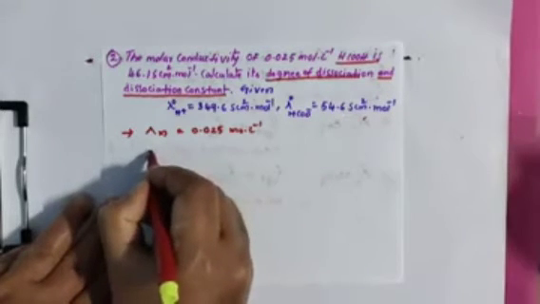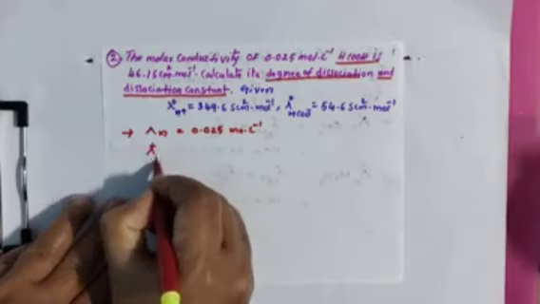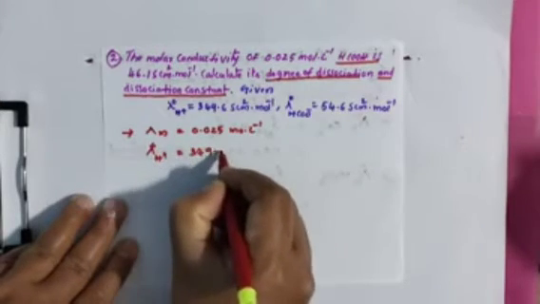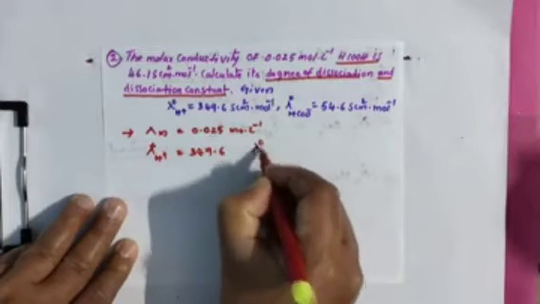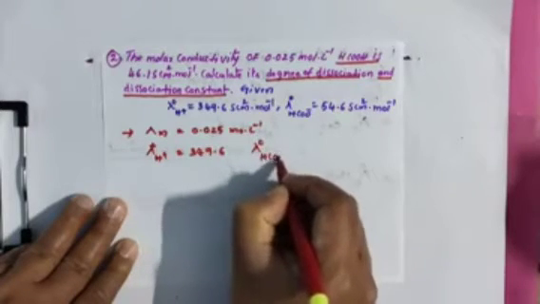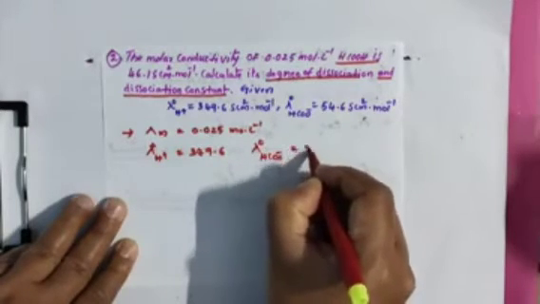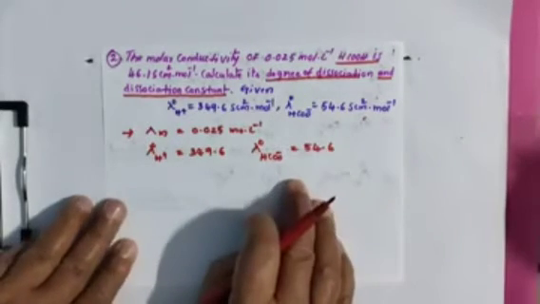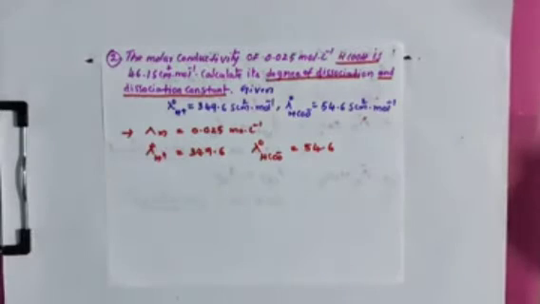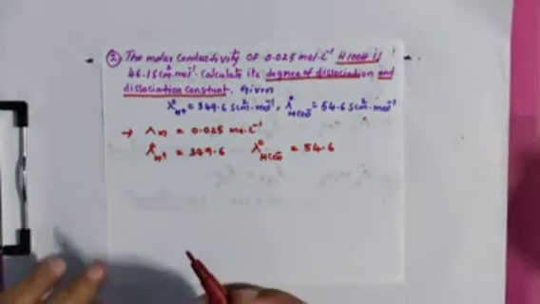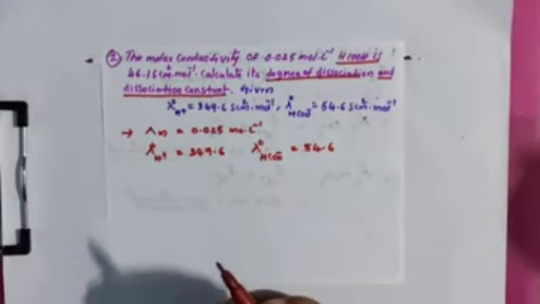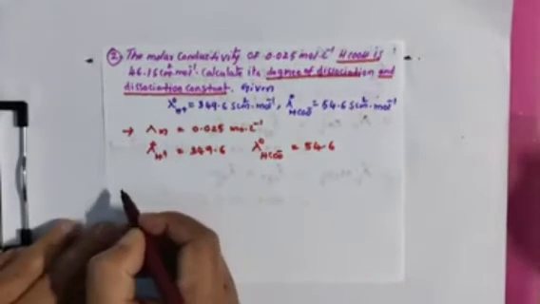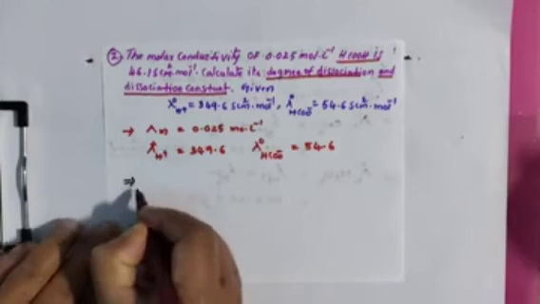So I am writing here Λ⁰ of H plus equal to 349.6, Λ⁰ of formate ion equal to 54.6. These values they given. From this we have to calculate the degree of dissociation and dissociation constant.